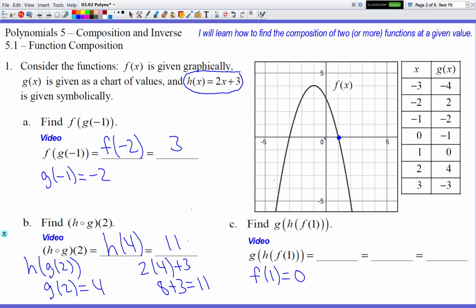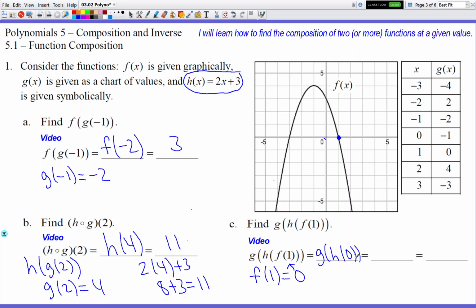So when I rewrite this first blank, it's going to be g of h of 0, because f of 1 got replaced by 0. So 0 is going to take its spot. I'm not going to erase g, I'm not going to erase h, I'm just going to erase f parentheses 1, and I'm going to replace it with 0.